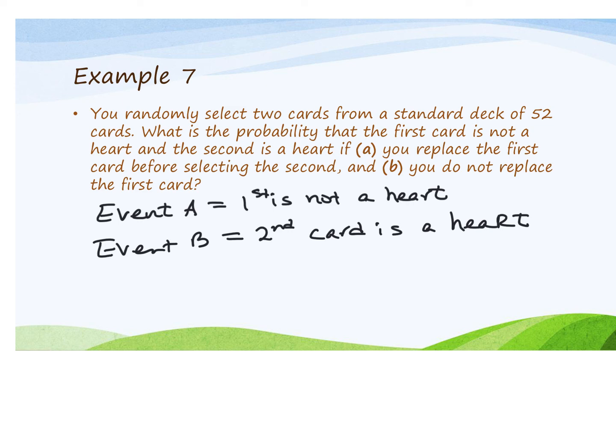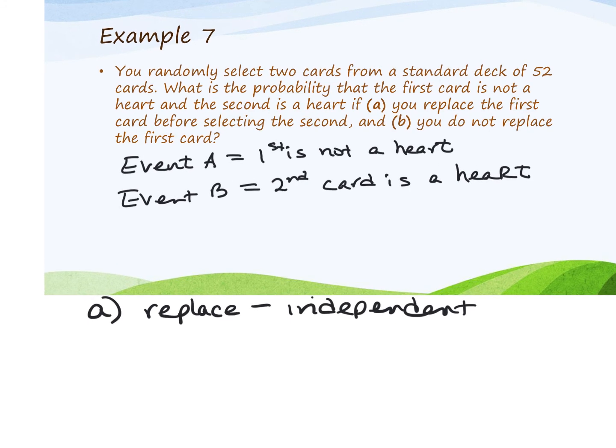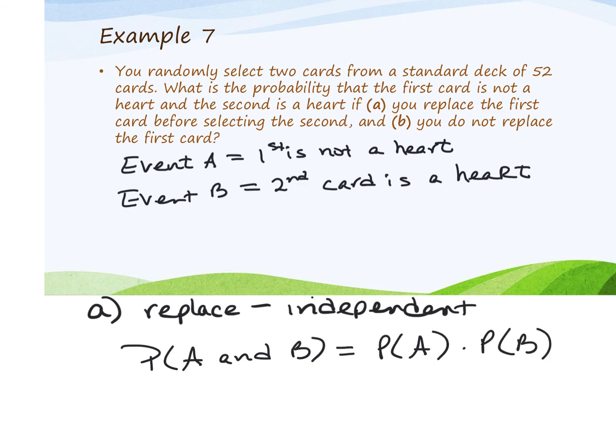All right, so when we replace the card for the answer to part A, that makes it independent. So here what I'm going to be doing is the probability of A and B, and we just do the two simple probabilities and multiply them.